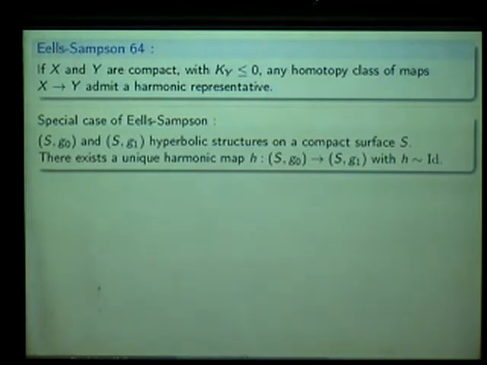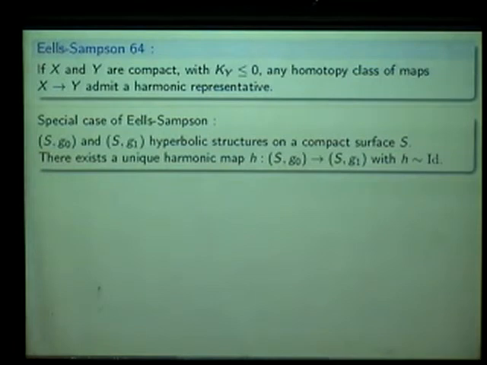So, this result is beautiful because when you have a harmonic map between surfaces, there is an object associated to this harmonic map, which is called the Hopf differential, which is a holomorphic quadratic differential on the source surface.